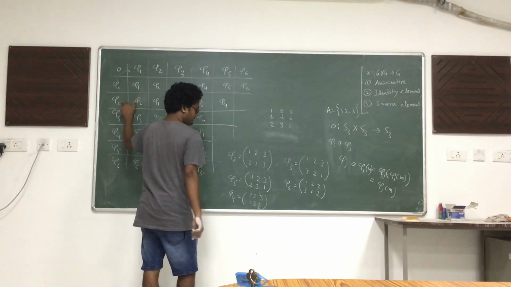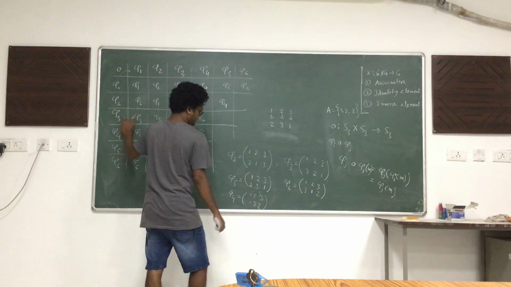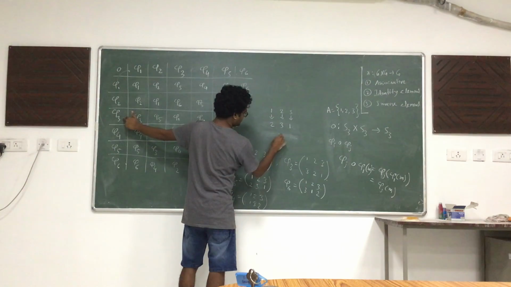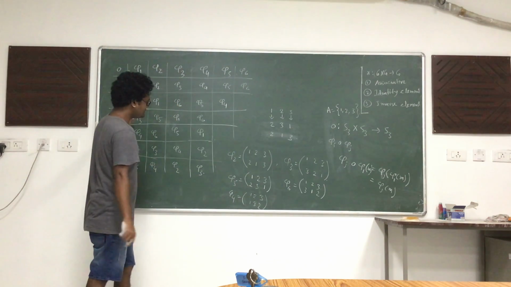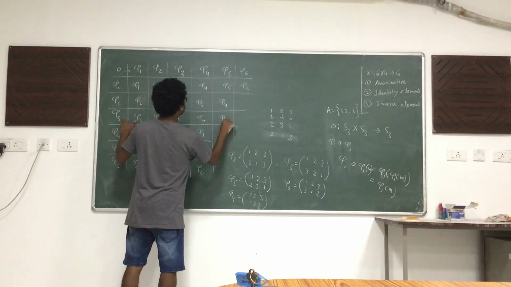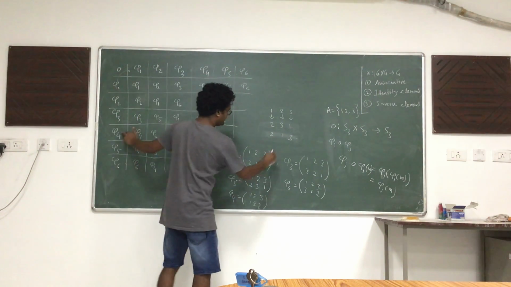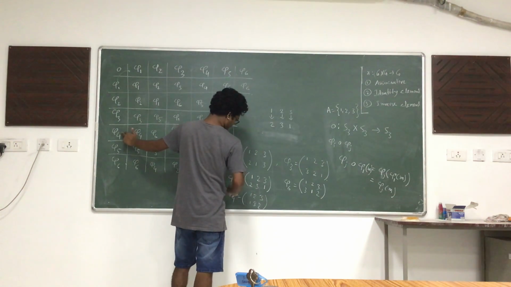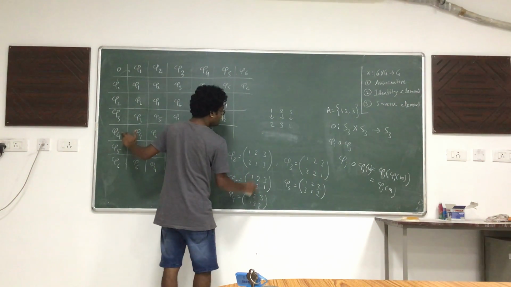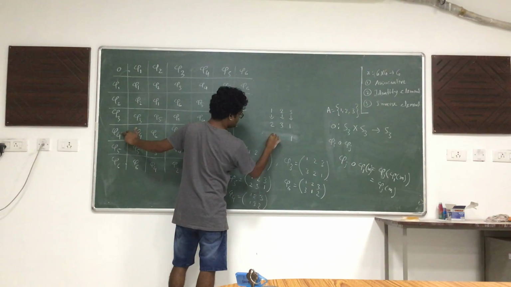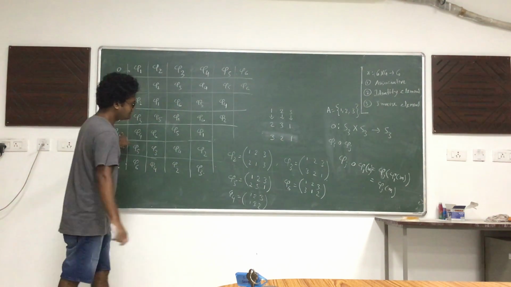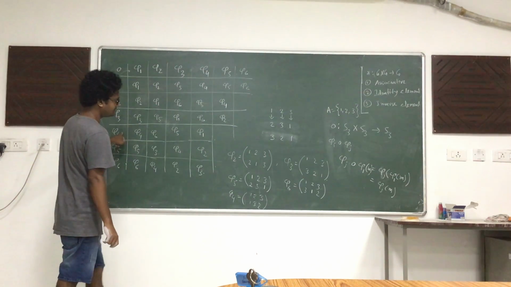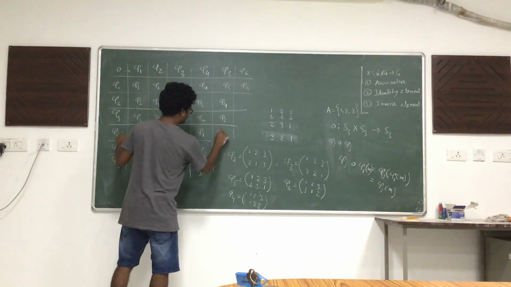And then phi 3. Phi 3 is 1 3 2, 2 3 1. 2 1 3. 2 1 3 is phi 2. Phi 4, phi 4, phi 4. Where? This one. 1 1, 2 3, 3 2. 3 2 1. 3 2 1 is phi 3.